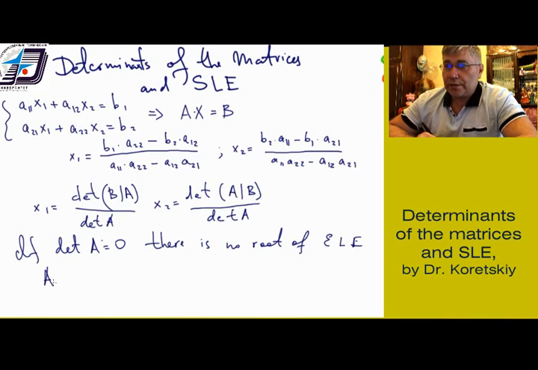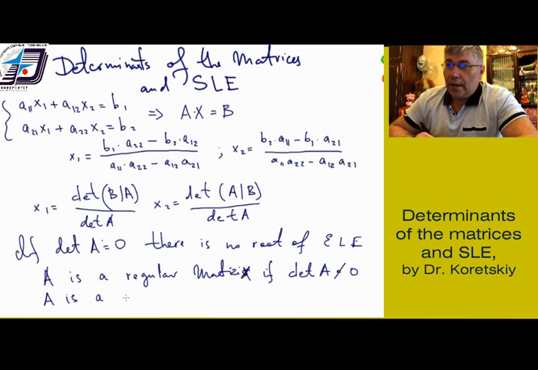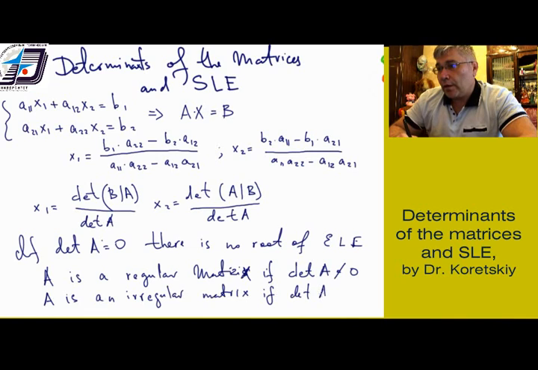Some people say that the matrix A is a regular matrix if its determinant is not 0, doesn't equal 0, and A is an irregular matrix if determinant A equals 0.